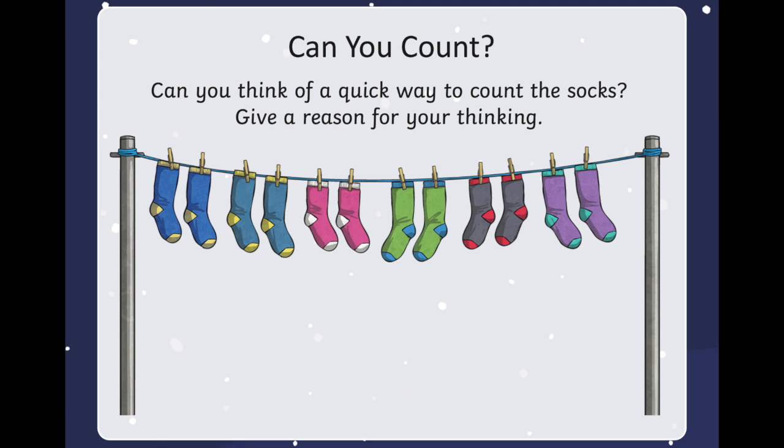So, should we count by 2s, by 5s, or by 10s? What do you think? That's right, we should count by 2s. Let's count the socks together. 2, 4, 6, 8, 10, 12. Well done, everyone.